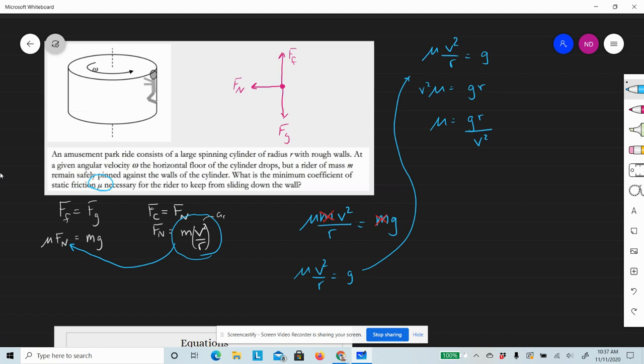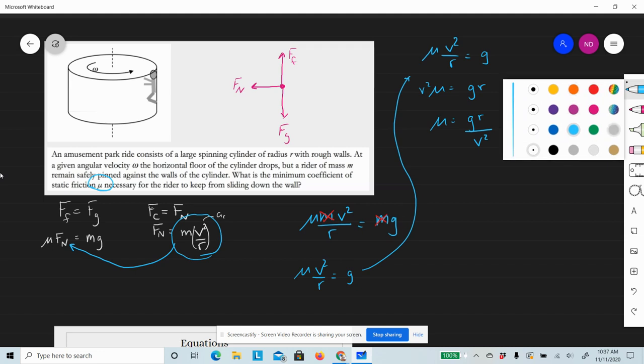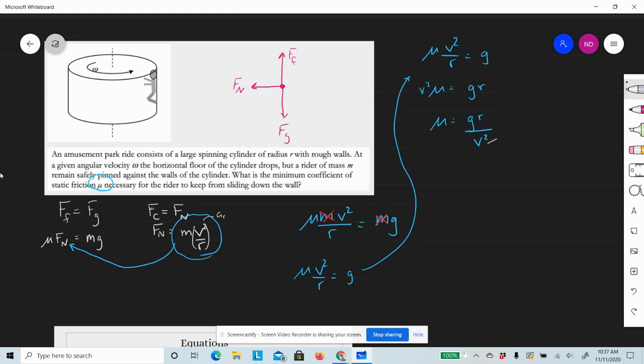Here's the problem. We're not given translational velocity, right? This is translational velocity. We need to convert v to omega.